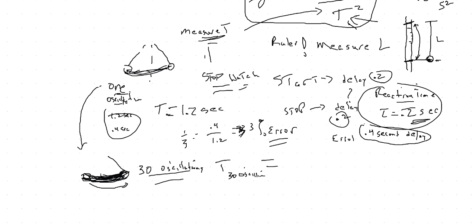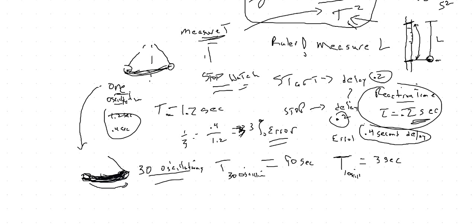Let's say the time, I'm making this up, is 90 seconds. That's how long it took for 30 oscillations. So how long is one oscillation? T, the period for one oscillation, is 90 divided by 30, so it would be 3 seconds.